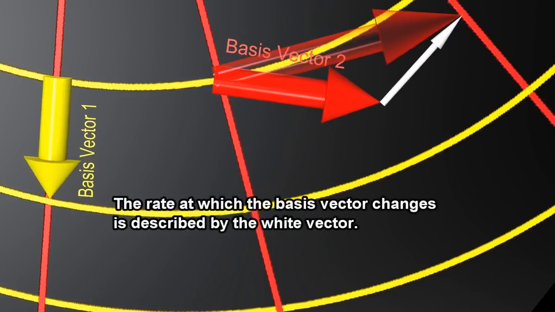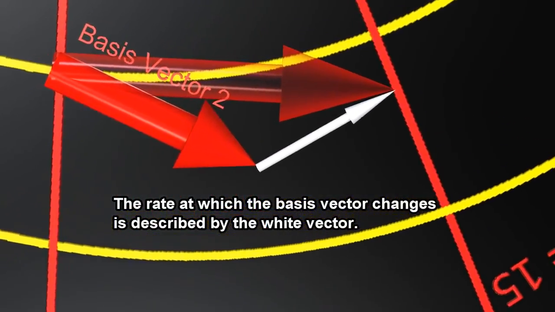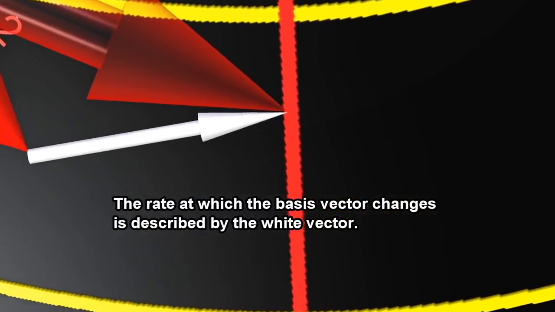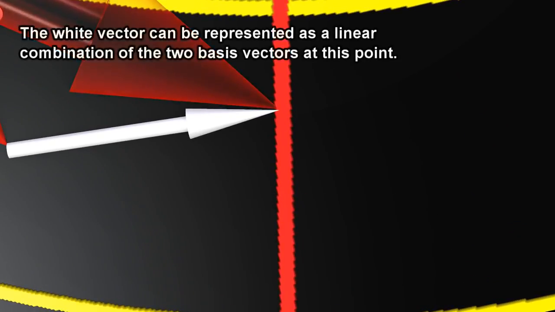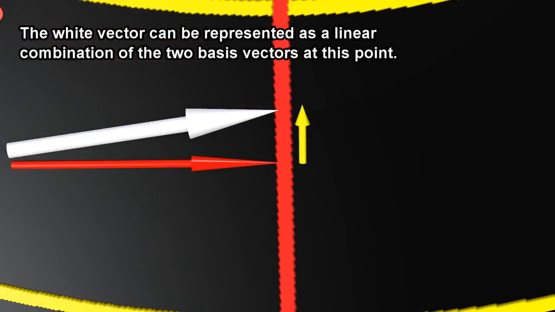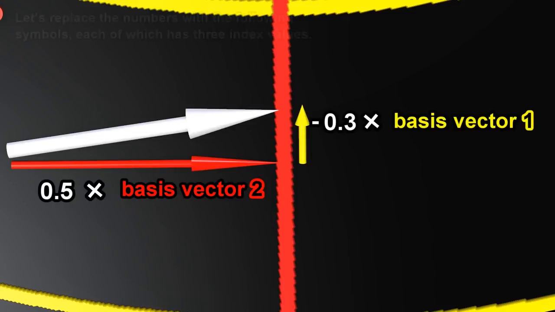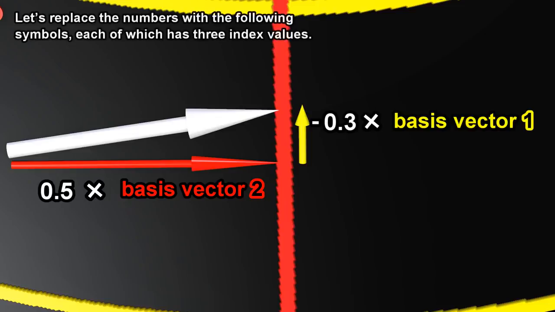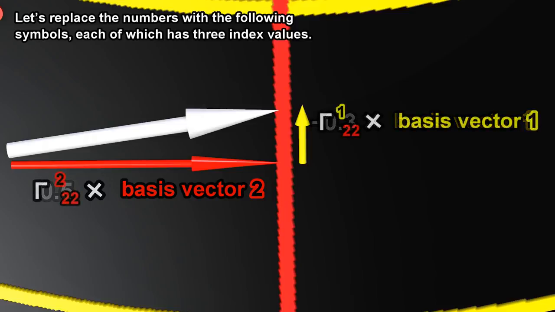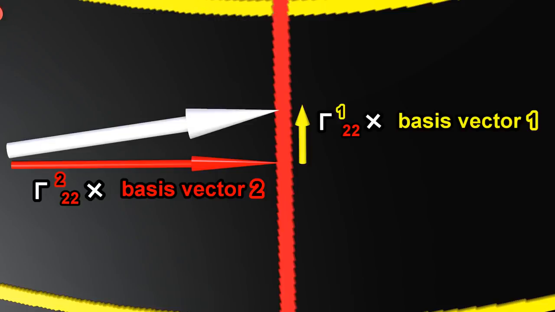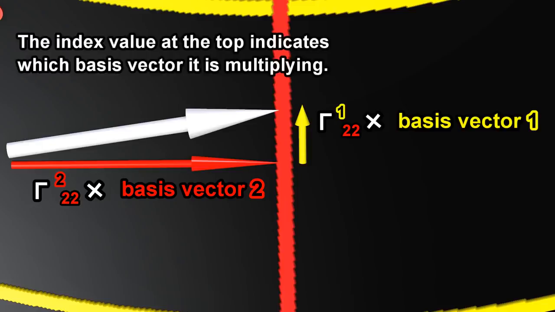The rate at which the basis vector changes is described by the white vector. The white vector can be represented as a linear combination of the two basis vectors at this point. Let's replace the numbers with the following symbols, each of which has 3 index values. The index value at the top indicates which basis vector is multiplying.